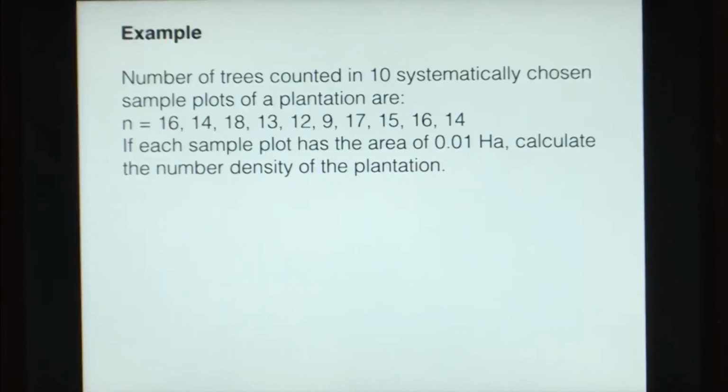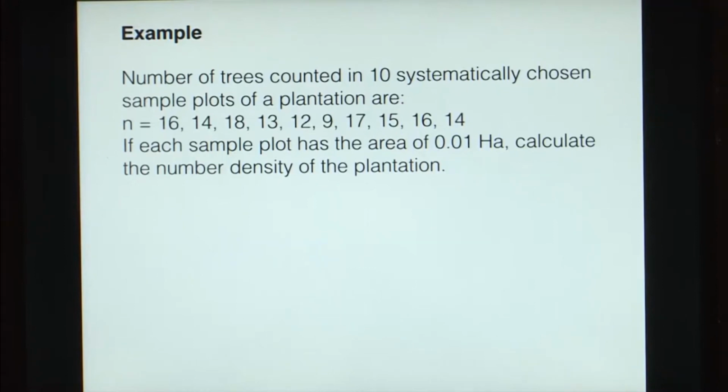Now, let us take an example. This example states that the number of trees counted in 10 systematically chosen sample plots of a plantation are these numbers. We have taken 10 sample plots, and in each sample plot we have measured the number of trees. If each sample plot has the same area of 0.01 hectare, calculate the number density of the plantation.